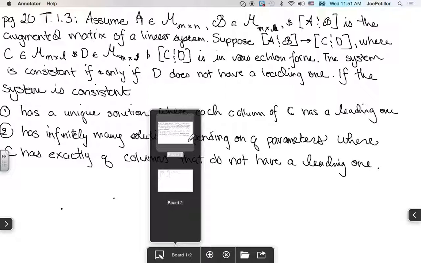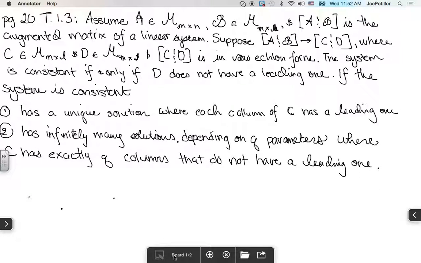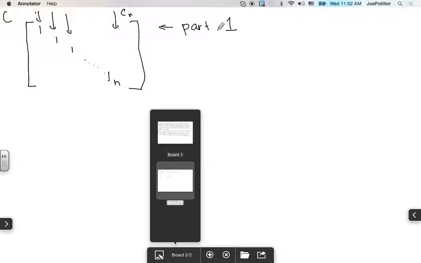Then it says exactly infinitely many solutions depending on q parameters, where q is the number of columns that do not have a leading 1. So this is the second situation that's going to be able to happen.